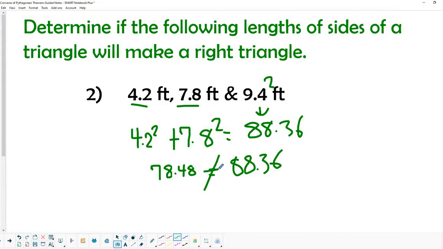So we'll put a little not equal sign in there. So that means this is not a right triangle. If you were able to connect these three sides together and form a triangle, it would not have a right angle in it.